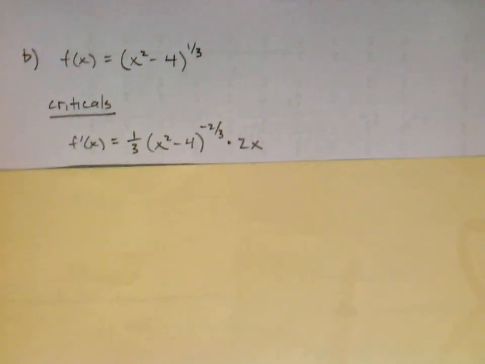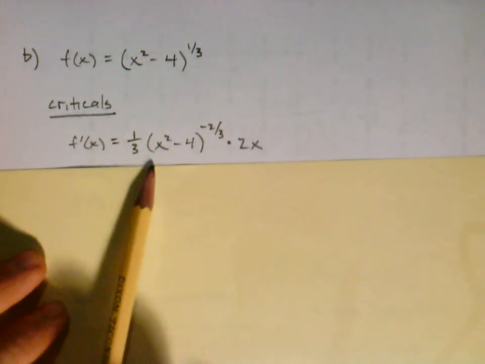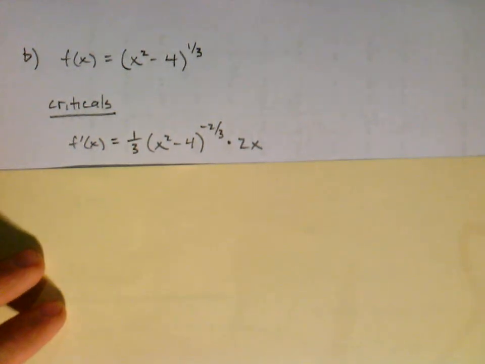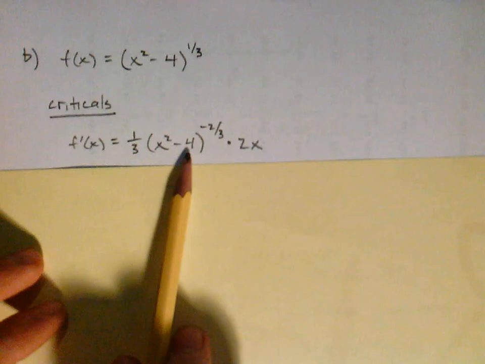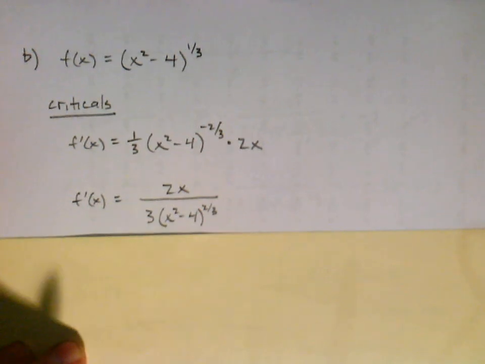Now, because we're going to do more than just take a derivative, I'm going to rewrite this in a style that's a lot more conducive to setting equal to 0 and solving, and I recommend you do the same. I'm going to rewrite it this way. That 3 is going to go down there.